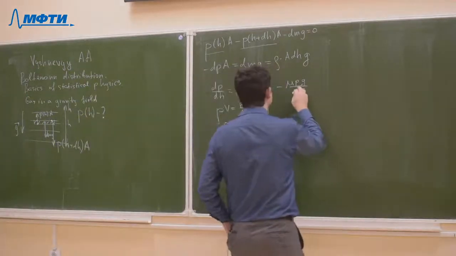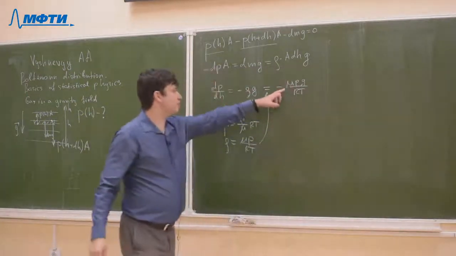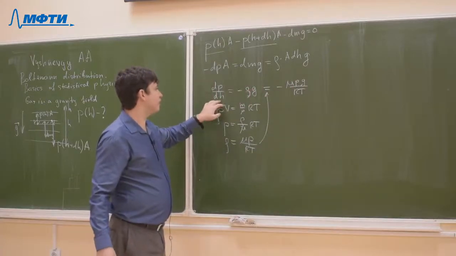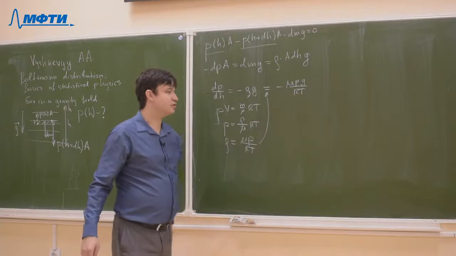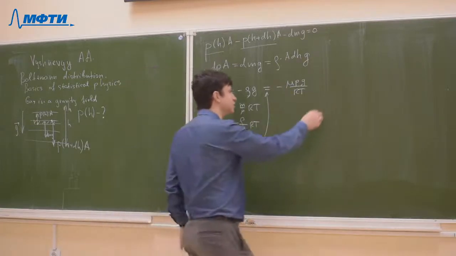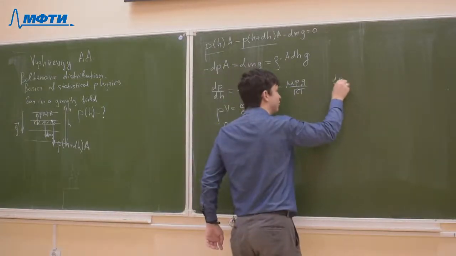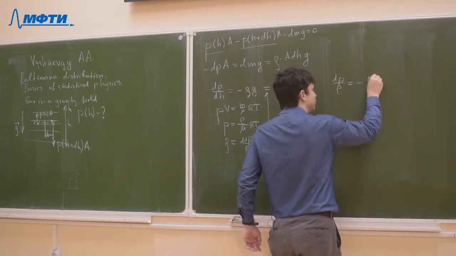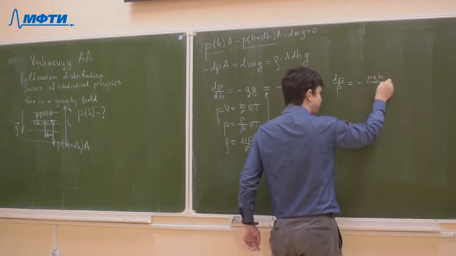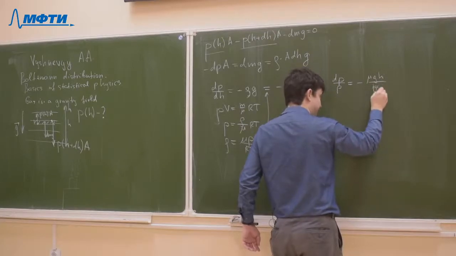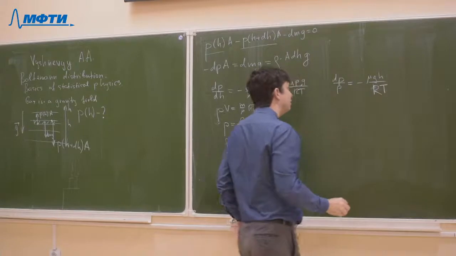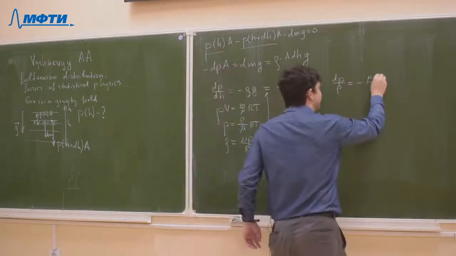So I collect all unknown values like pressures at one hand side of this equation, while h will be collected in the right hand side of this equation. So I write dp over p is minus mu g over RT, then dh here.